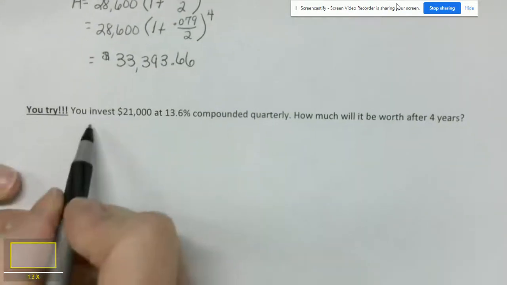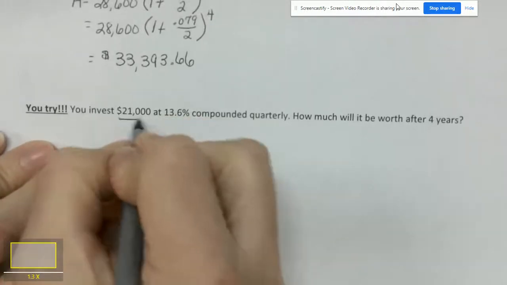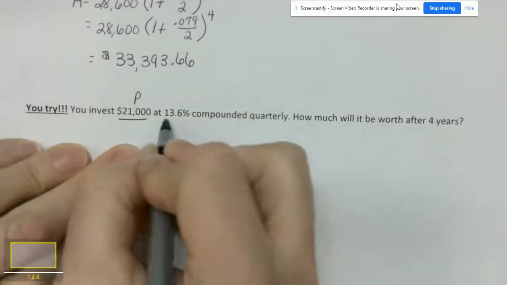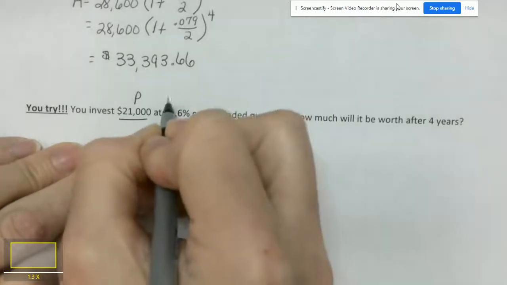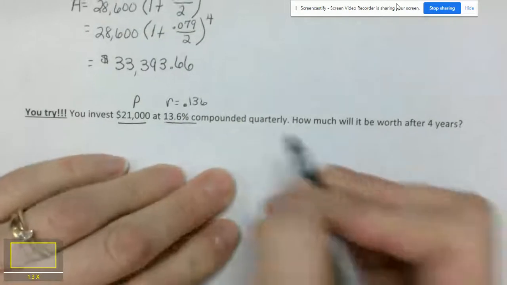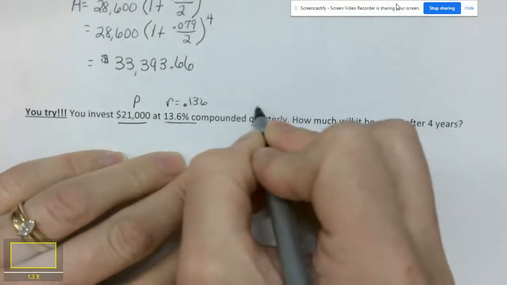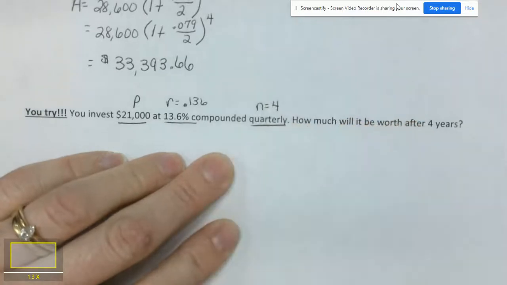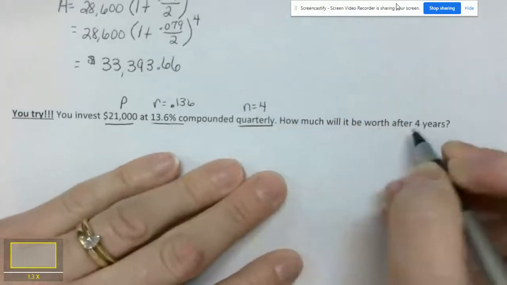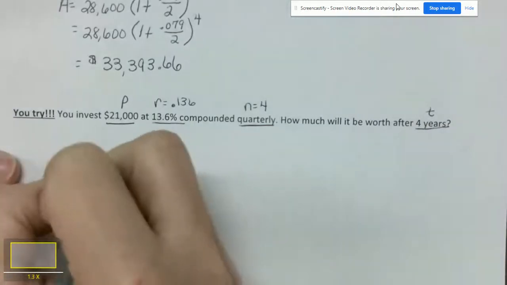Okay, let's check and see how you did. You invest $21,000, that's your principal, at 13.6%, that's your rate, so that's going to be 0.136. Compounded quarterly, there are 4 quarters to a year, so that's your N, it's going to be 4. How much will it be worth after 4 years? That's your T. Okay, so you should have set it up.